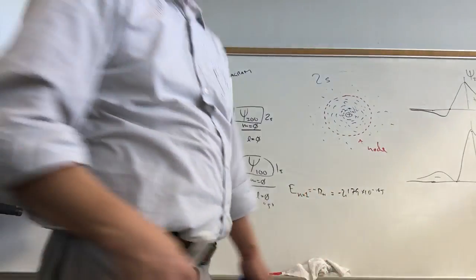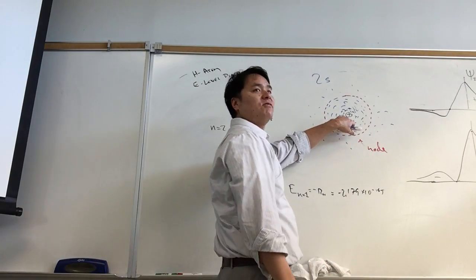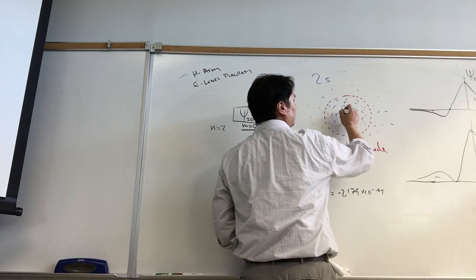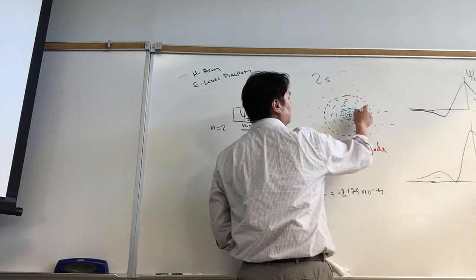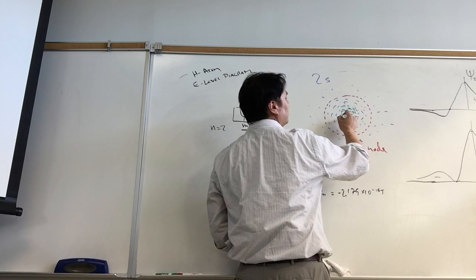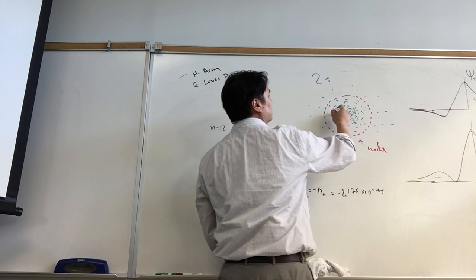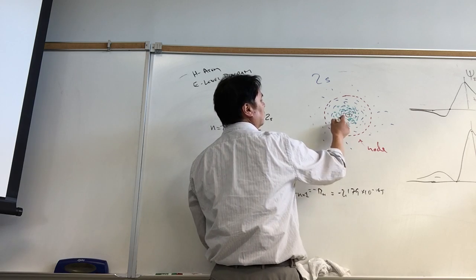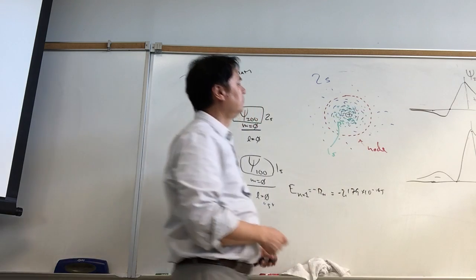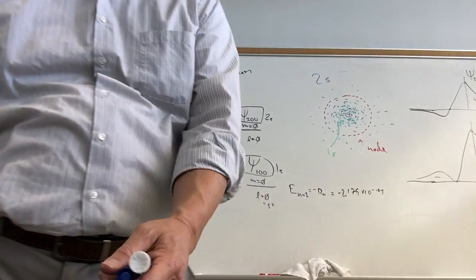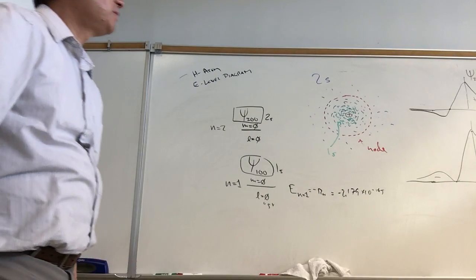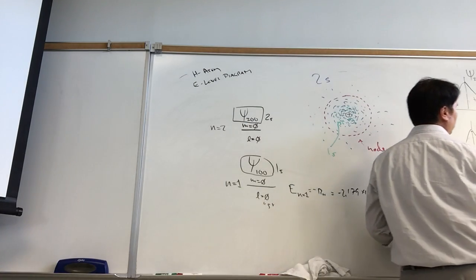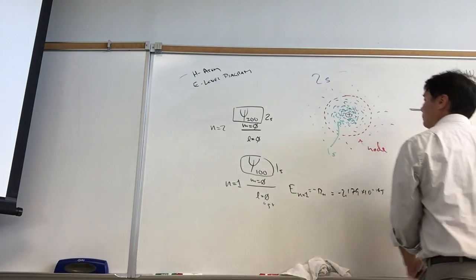The electron for a 2s orbital can be in the same volume of space as the 1s orbital. Because the 1s orbital is right here, let's do the 1s in green. The 1s is a smaller orbital. It's not going to be nearly as big. So this would be the 1s orbital here. It's just that when we look at the 90% probability boundary, the 90% probability boundary for a 2s orbital is going to be a lot bigger.